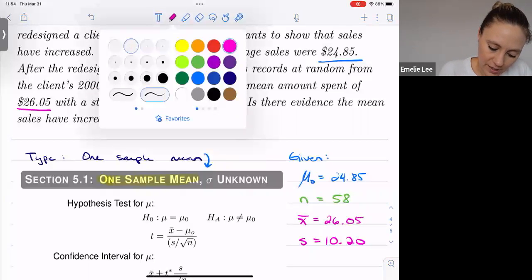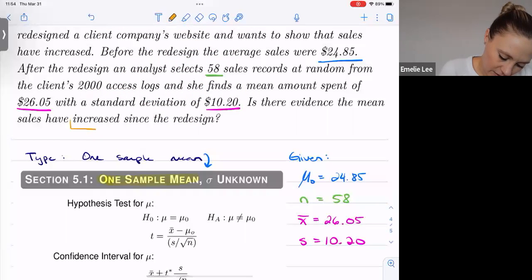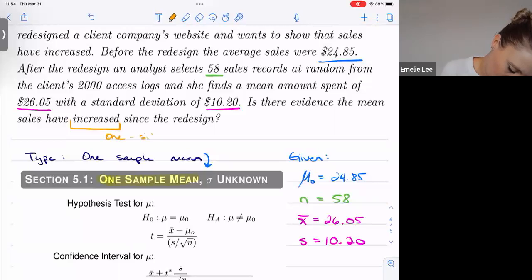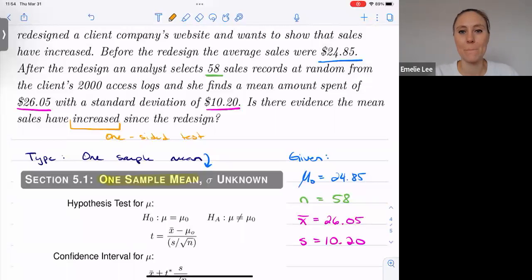And then here, if we want to know if the sales have increased, that makes it a one-sided test, right? So a one-sided test, which will reflect in our alternative hypothesis.